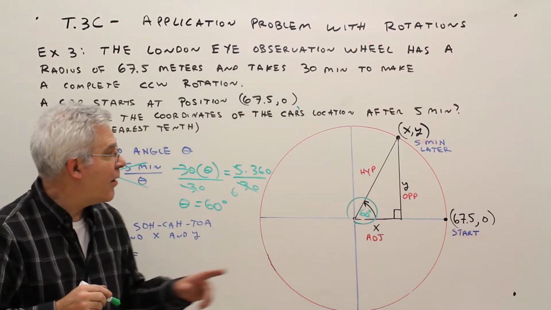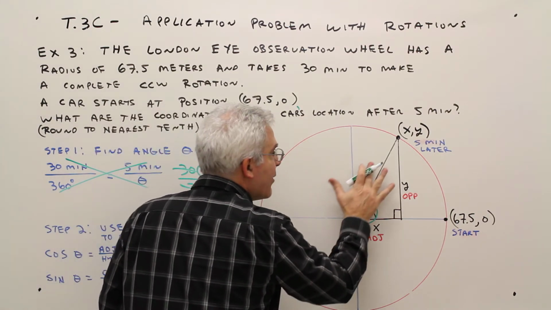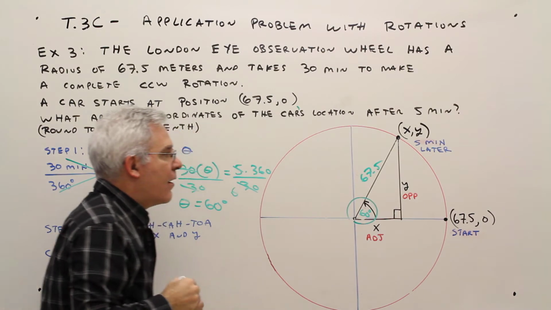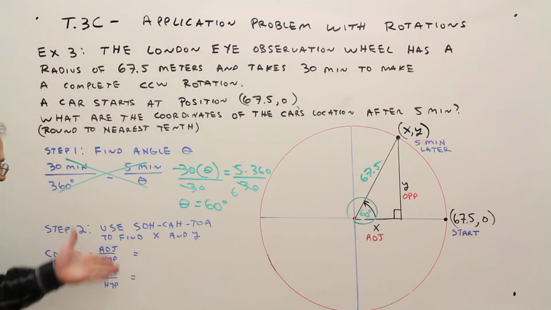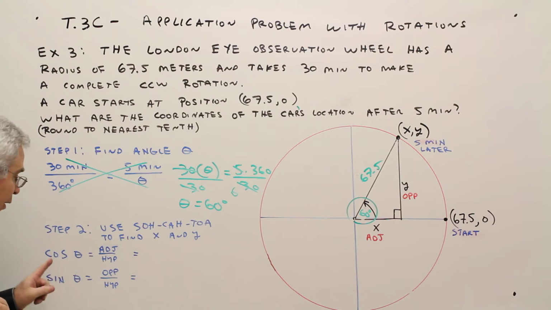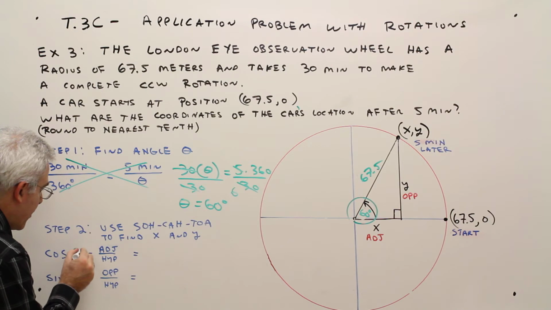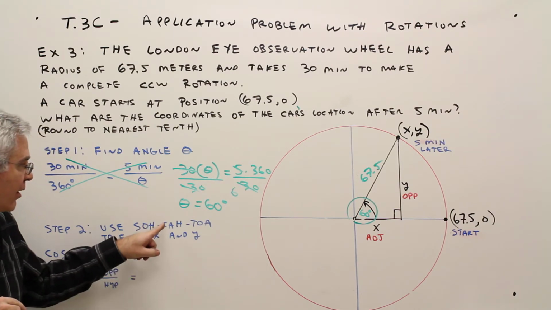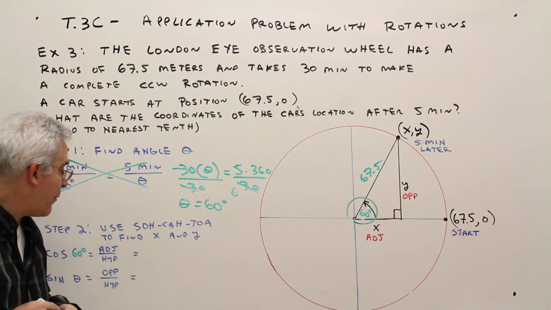And once I've got a right triangle, and I have a known angle 60, the hypotenuse I know is 67.5. I can use trigonometry to find the adjacent and opposite sides. So I'll do that next. So recall that the cosine of theta, and in this case we know theta to be 60 degrees, is adjacent over hypotenuse. Again, SOHCAHTOA. C is for cosine, and then A and H, adjacent and hypotenuse.